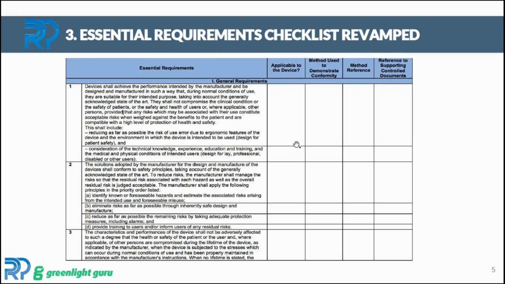Looking at those areas, they're going to want to see, have you reduced the risks in all those areas to as low as possible, and have you evaluated the residual risk to ensure that the risk to patient health and safety is as low as possible, and then assessing whatever residual risk is left against the benefit of the product.